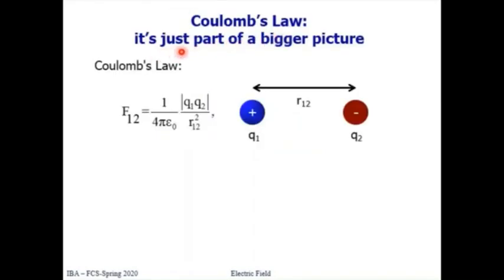Coulomb's law is just a part of a bigger picture and only helps to find the force between two charges. Nevertheless, it does not inform us about the cause of the force between these two charges. If you look here, this is the force between two charges. As I have already discussed, this has three parts.